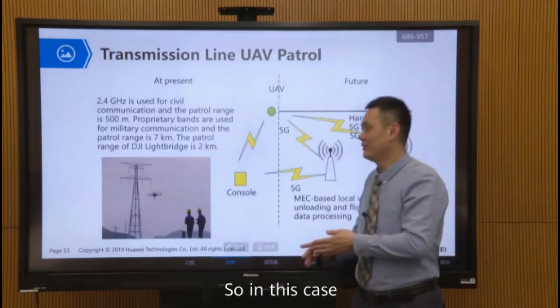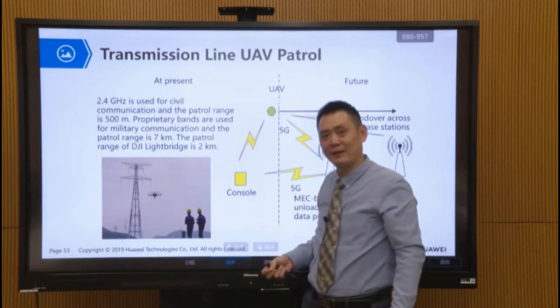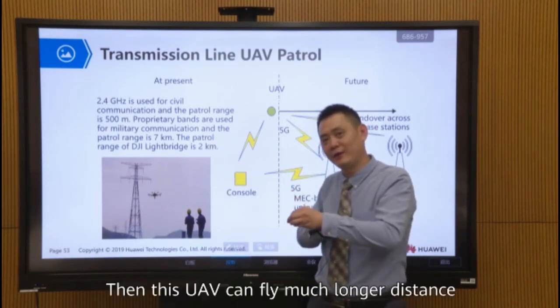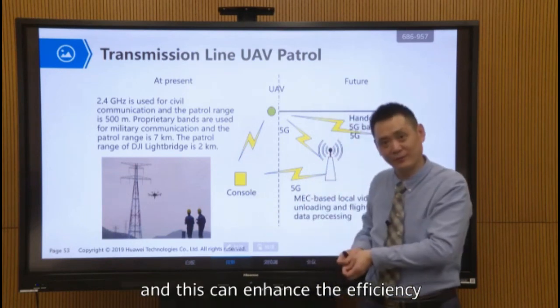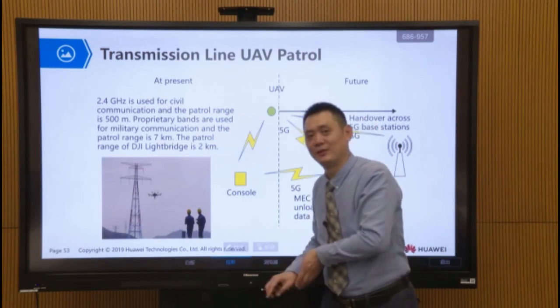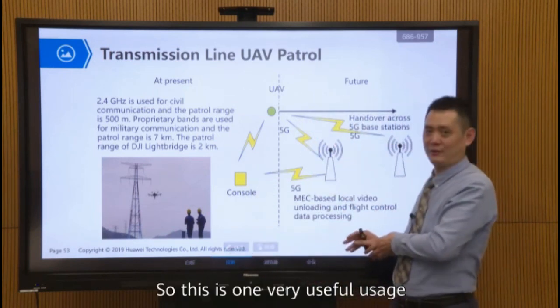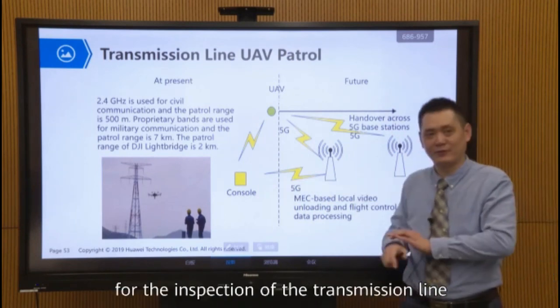So in this case, the range limitation is not a problem. The UAV can fly a much longer distance, and this enhances the efficiency of video inspection. So this is one very useful usage of the 5G network for inspection of the transmission line.